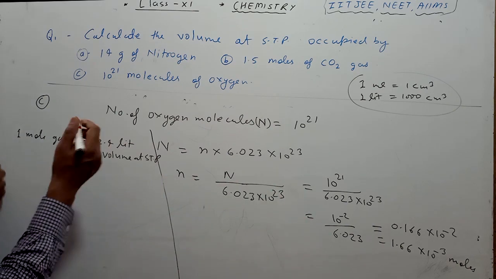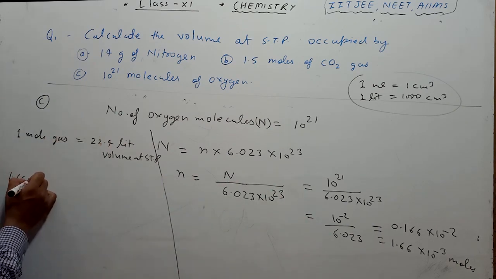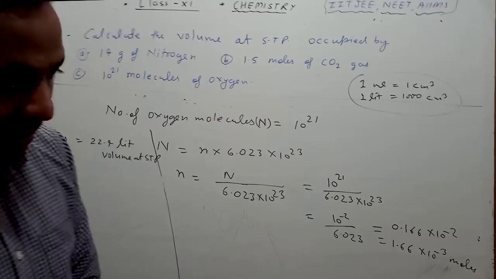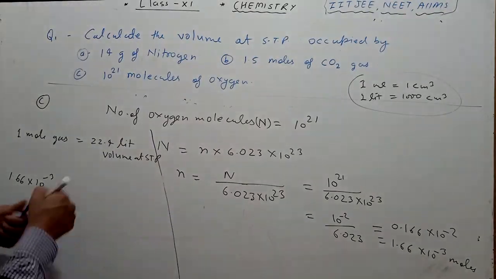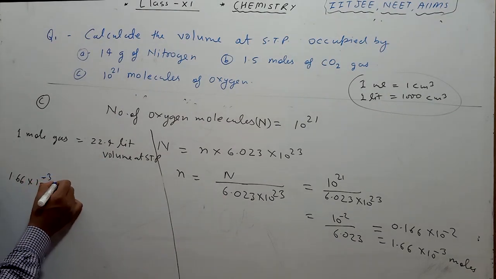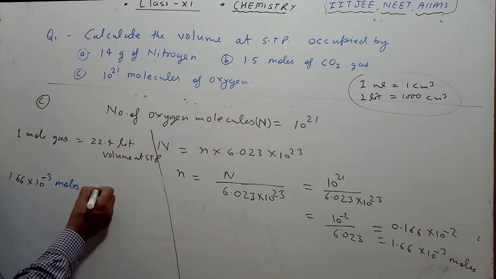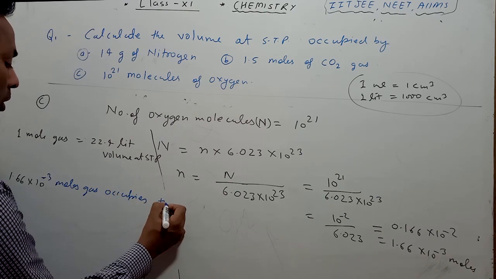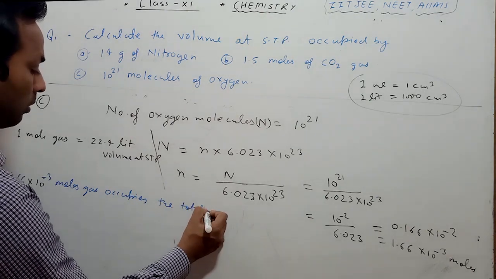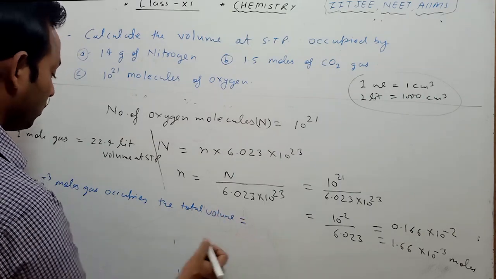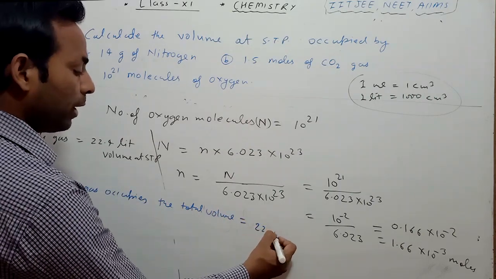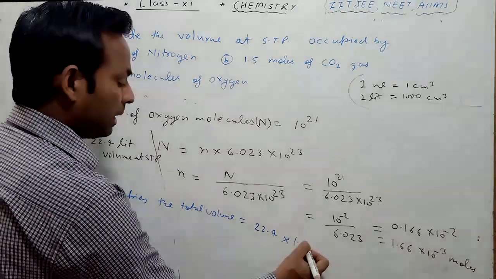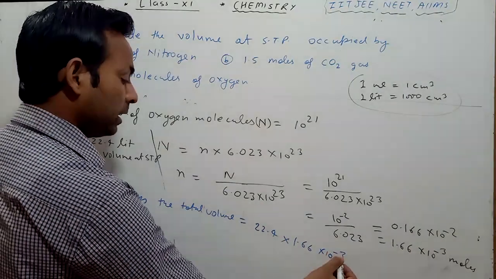So that number of moles, 1.66 into 10 to power minus 3 moles of gas, occupies the total volume equal to, look here, 22.4 multiplied by 1.66 into 10 to power minus 3.